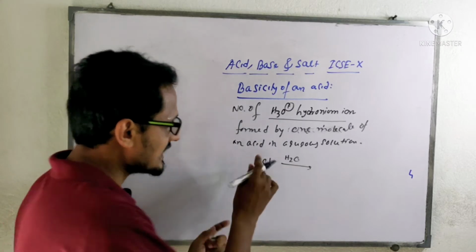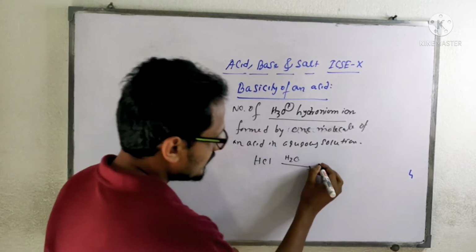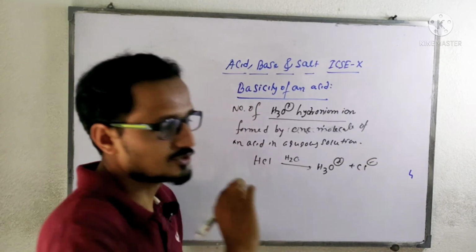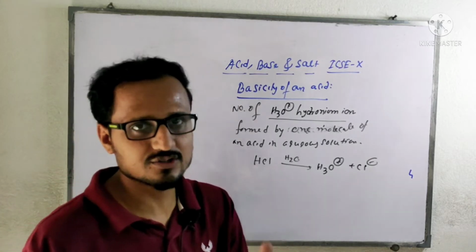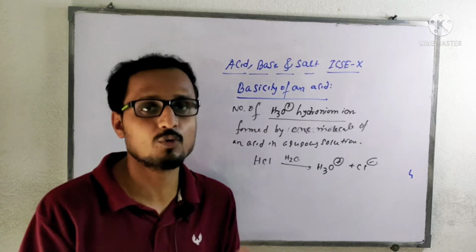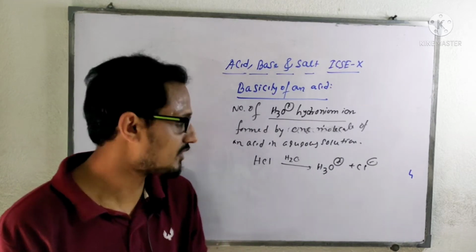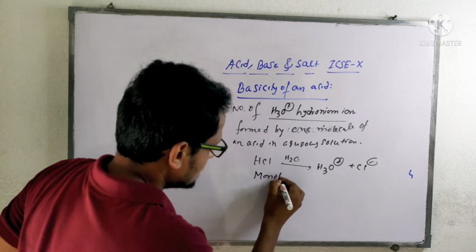HCl in aqueous solution will form H3O+, with H+ combining with H2O, and one Cl-. As a trick, we can say that as HCl has one hydrogen, its basicity is 1, so HCl is a monobasic acid, but exactly it is forming a hydronium ion.